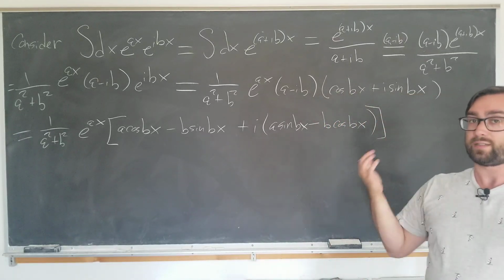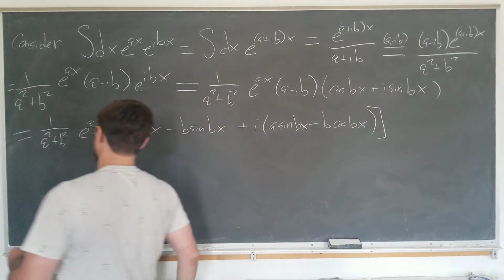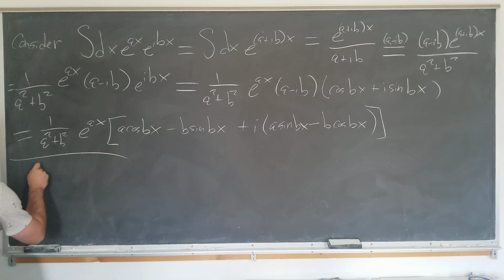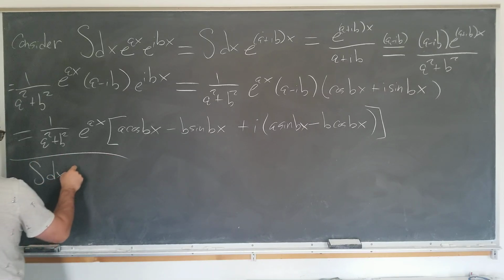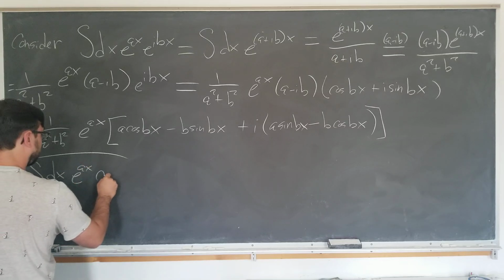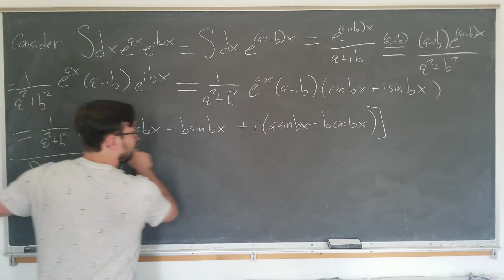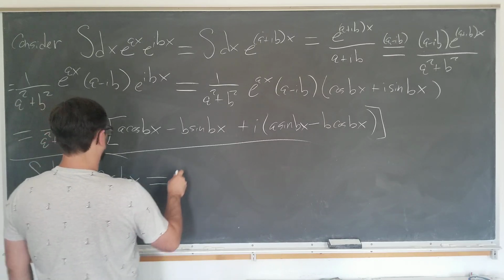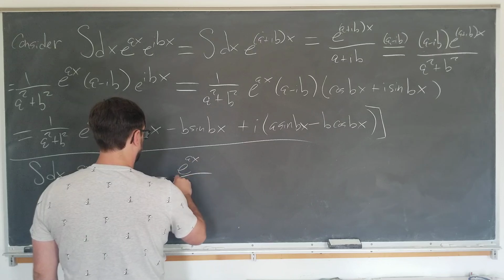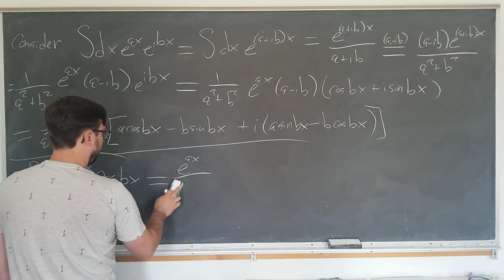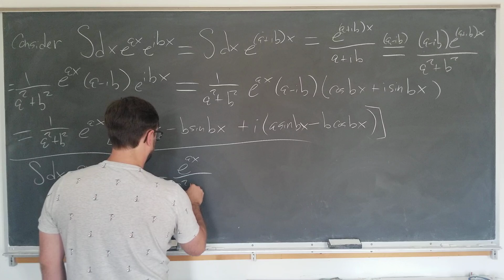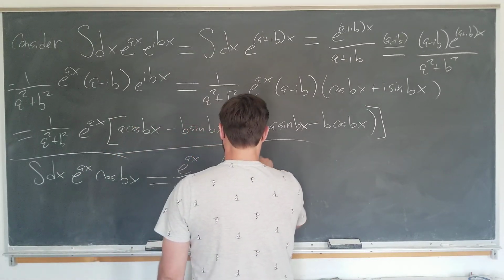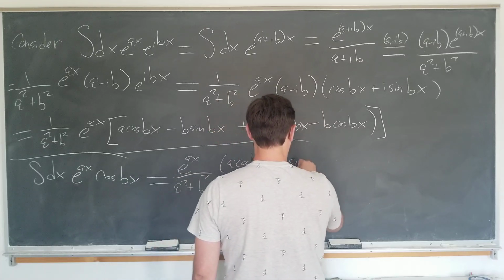And now we can basically write down the values of our integrals. So our integrals now are as follows. We have the integral with respect to x of e to the ax cosine bx, which is the real part of what we had up there, which is simply e to the ax over a squared plus b squared times a cos bx minus b sine bx.